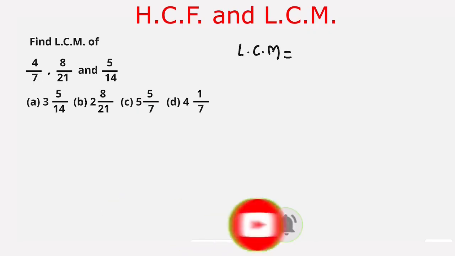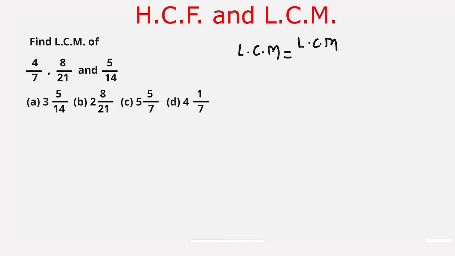The LCM of fractional numbers is equal to LCM of numerator, I am writing n for numerator, upon H.C.F of denominator, I am writing d for denominator. If we know this formula, then we can directly find the LCM of given numbers from the options.